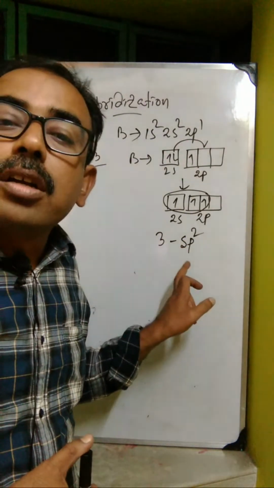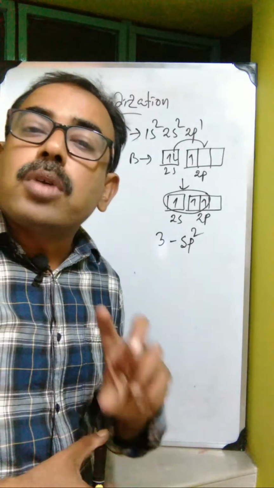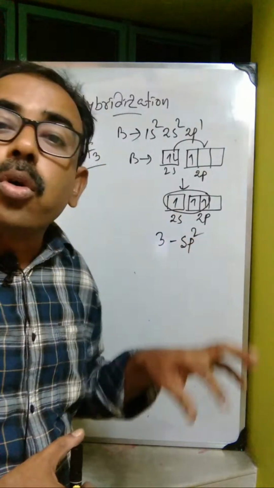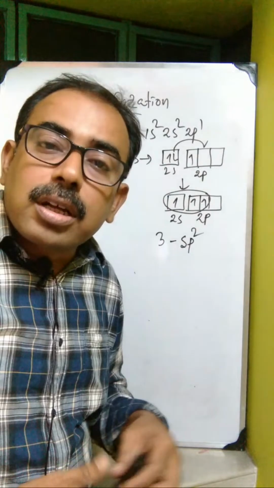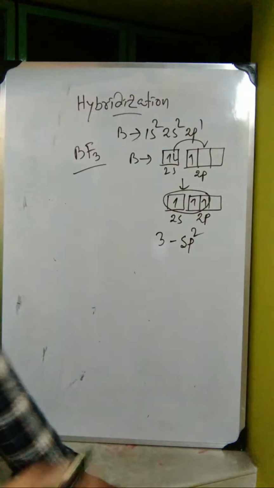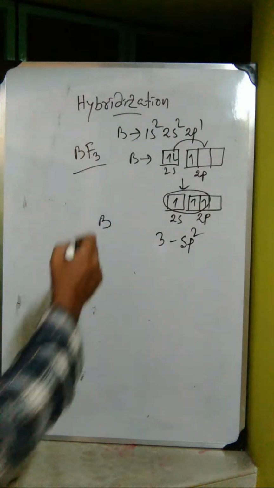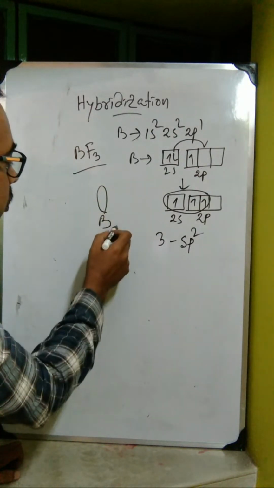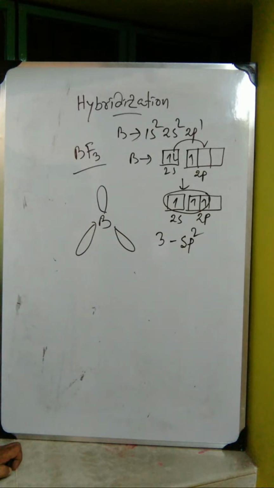If the state of hybridization is sp2, then those 3 sp2 hybridized orbitals of boron will expose themselves in trigonal planar shape. So here is boron, trigonal planar shape. Here is one sp2 hybridized orbital, here one sp2 hybridized orbital, and this one is the other sp2 hybridized orbital.